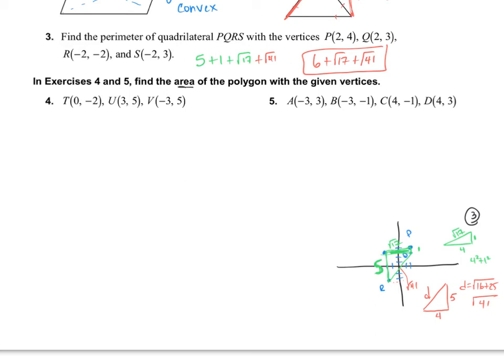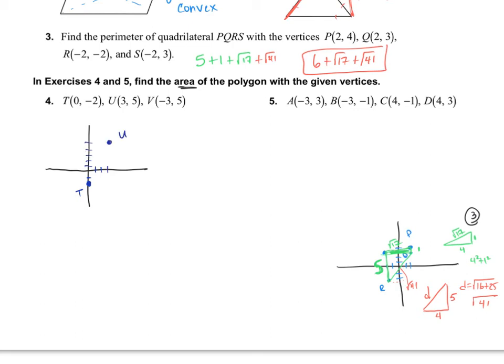Find the area this time of the polygon. So let's go ahead and plot some of these and see what we got. We've got T being, let's choose a different color here, and T is 0, -2. U being 1, 2, 3, 1, 2, 3, 4, 5.